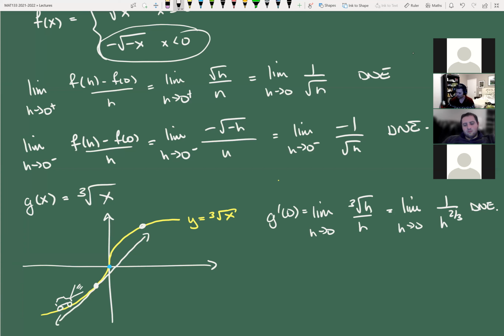And if your car is here, which direction is your headlights pointing? It's pointing like this. So the tangent line is your headlights, and taillights if you want. They're the direction those things are pointing. When you get to this point at the origin, which direction are your headlights pointing? Well, they're pointing straight up and down.